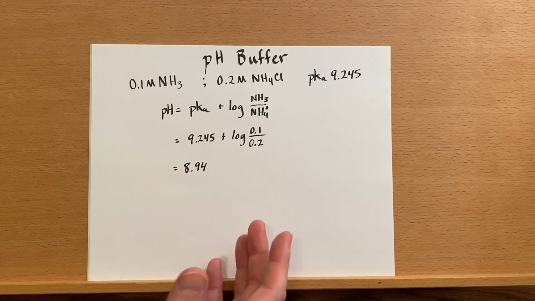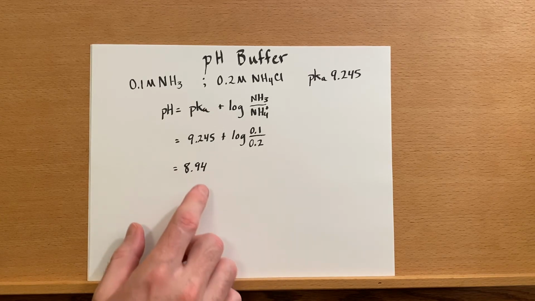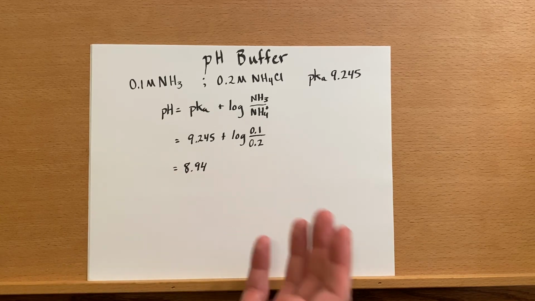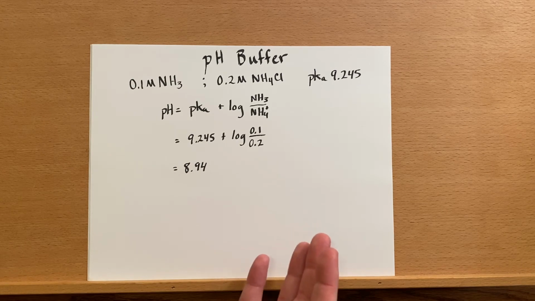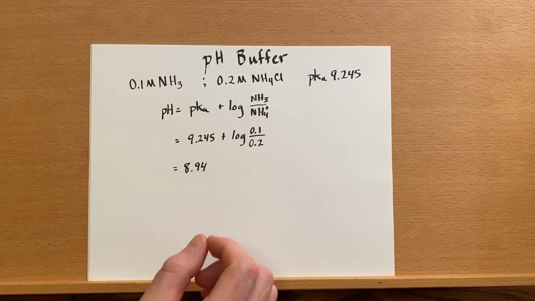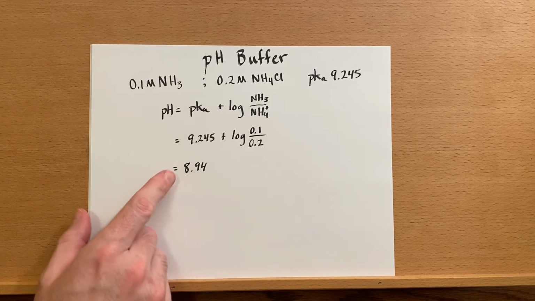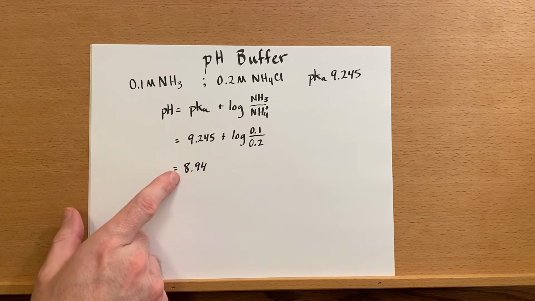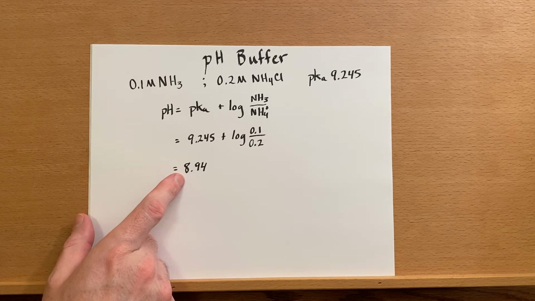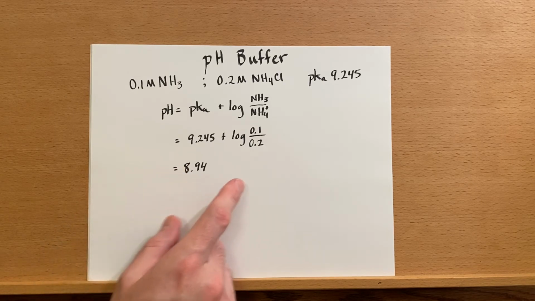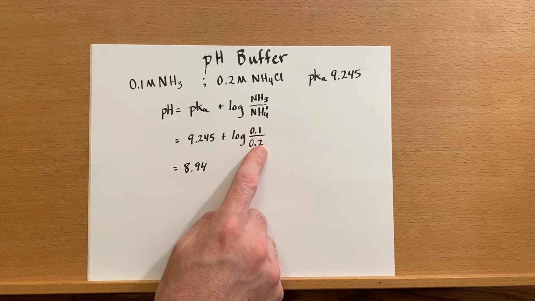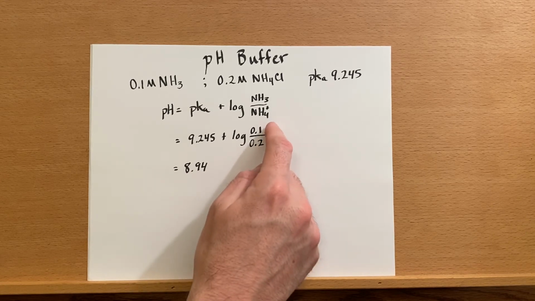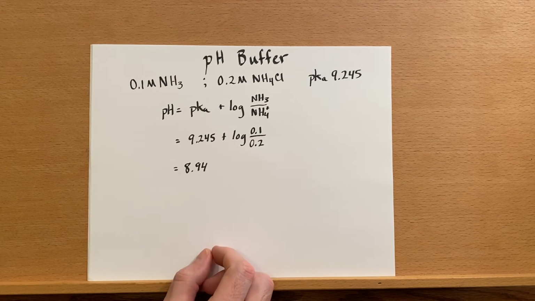In fact, that confirms that we probably did this correctly, because acids have lower pH values than bases. And if we have more of the acid form, we should expect that the pH will be lower than our pKa. And indeed it is. This is a good way to check to make sure that I put the acid and the base in the proper spot in the Henderson-Hasselbalch equation.